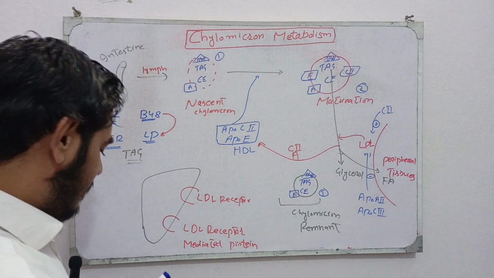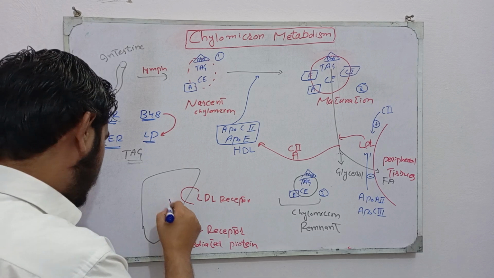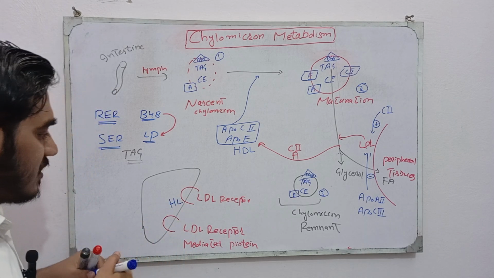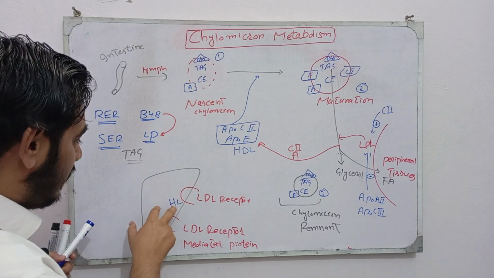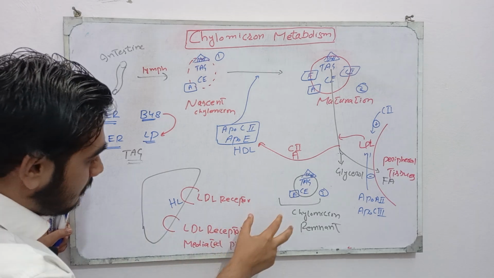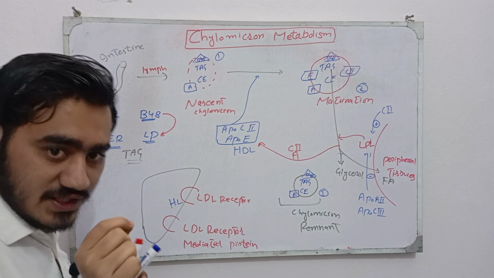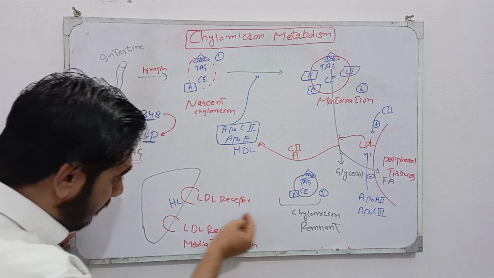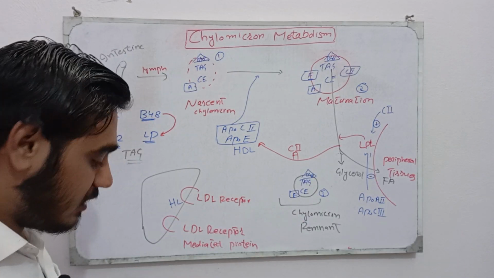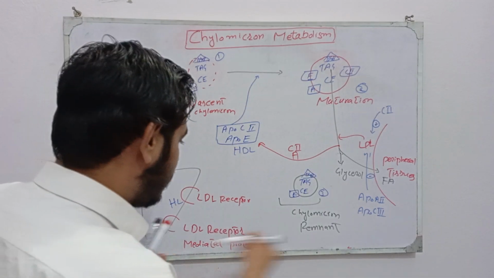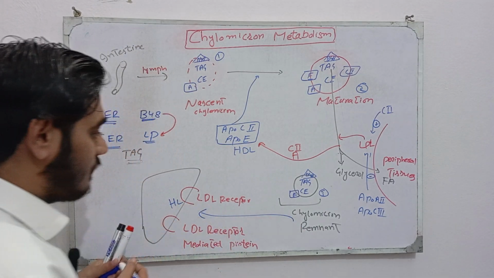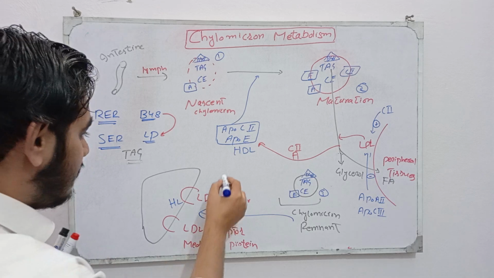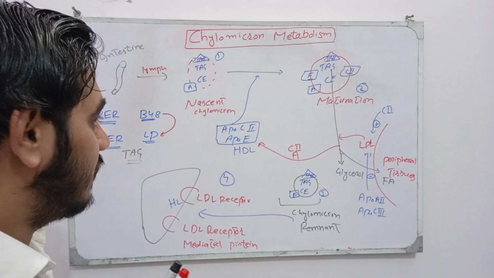Hepatic lipase enzyme is a very important enzyme present on the surface of the liver. It is responsible for the hydrolysis of triglycerol and for the uptake of this chylomicron remnant. In this way the fourth step is completed.